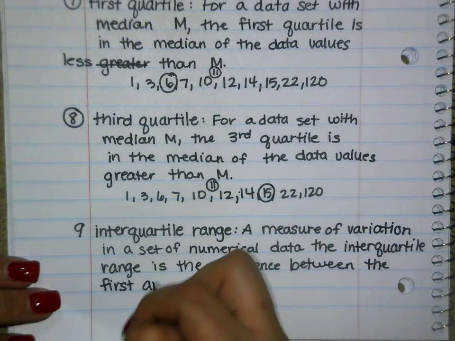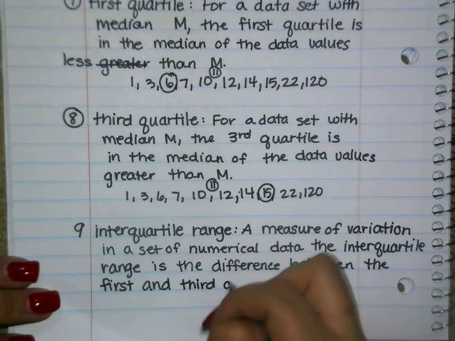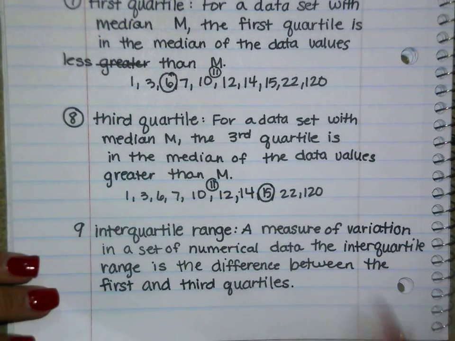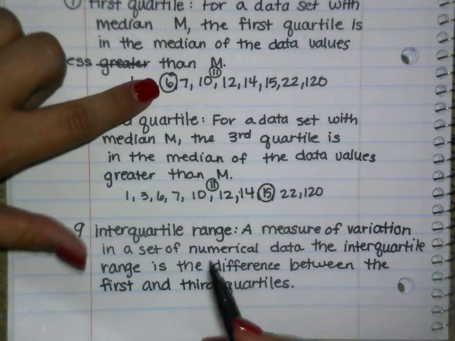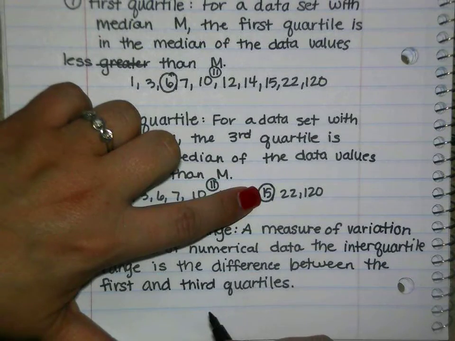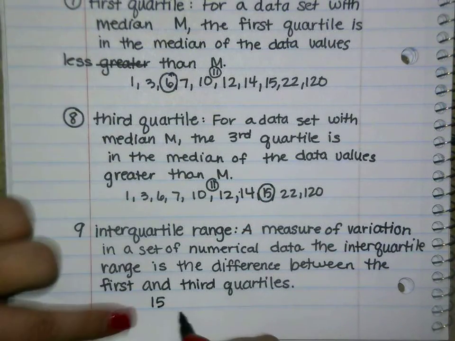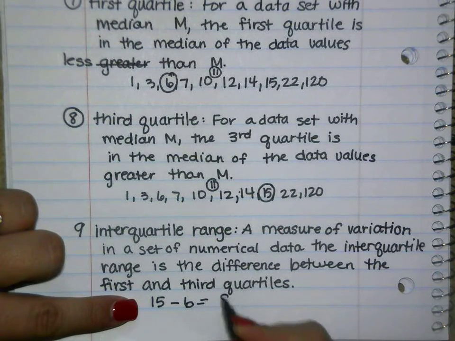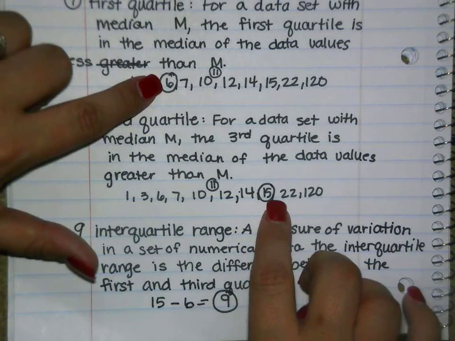Given the same data set, we have the first quartile, which was 6, and the third quartile, which was 15. So the interquartile range is the third minus the first, which is equal to 9. This is the interquartile range for the data set in our example.